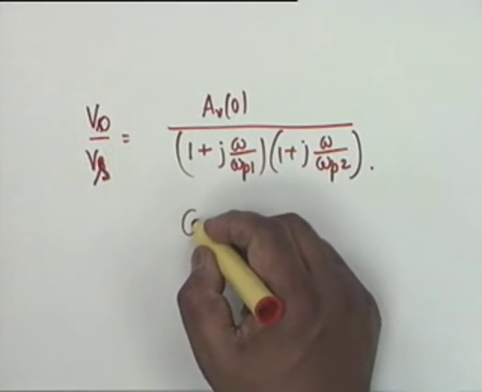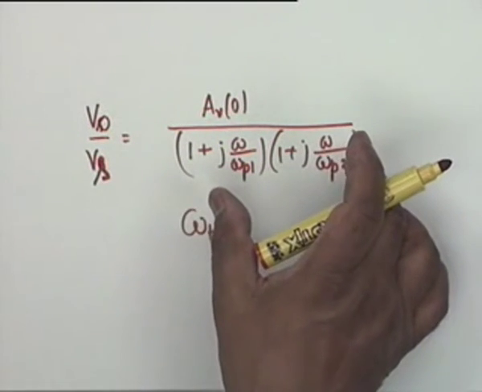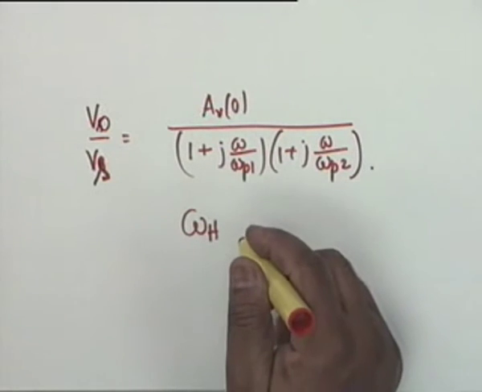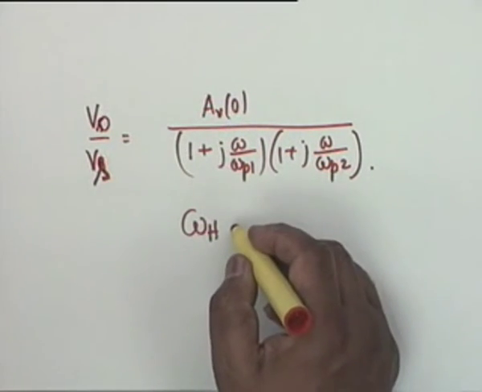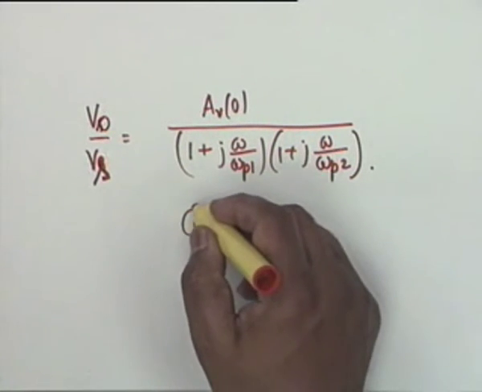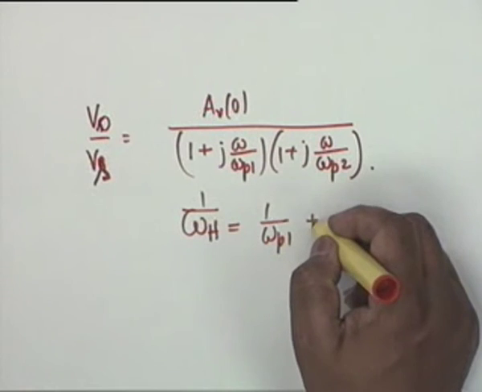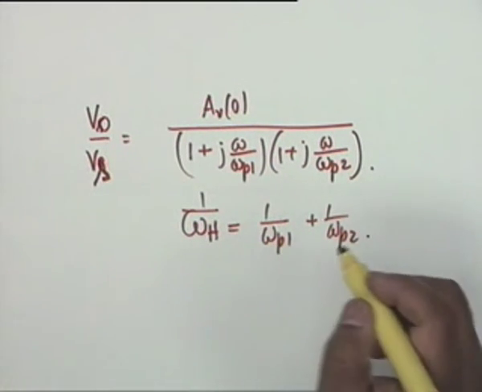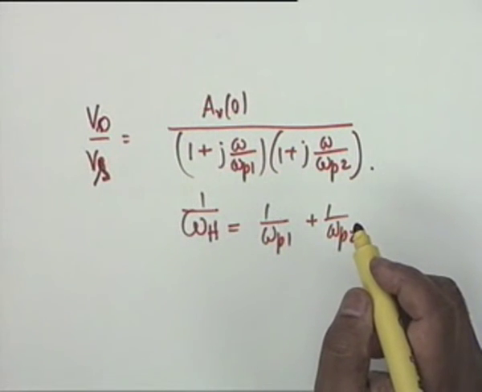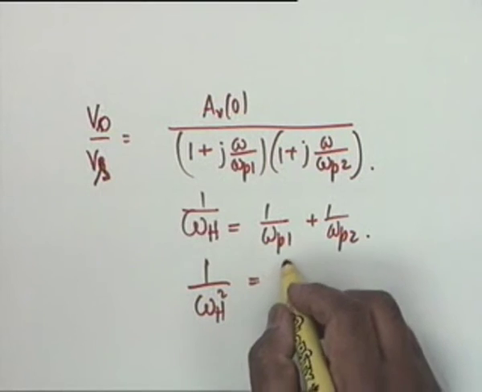And therefore, you can now find out omega H by any of the techniques that you have learned. Since it's a quadratic only, it's not difficult to solve for it analytically, exactly. If you don't like it, then you use 1 by omega H equal to 1 by omega P1 plus 1 over omega P2. The third is this.